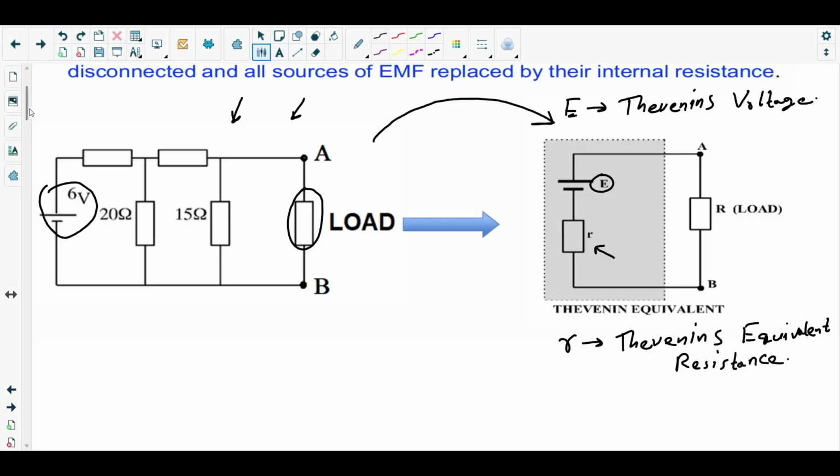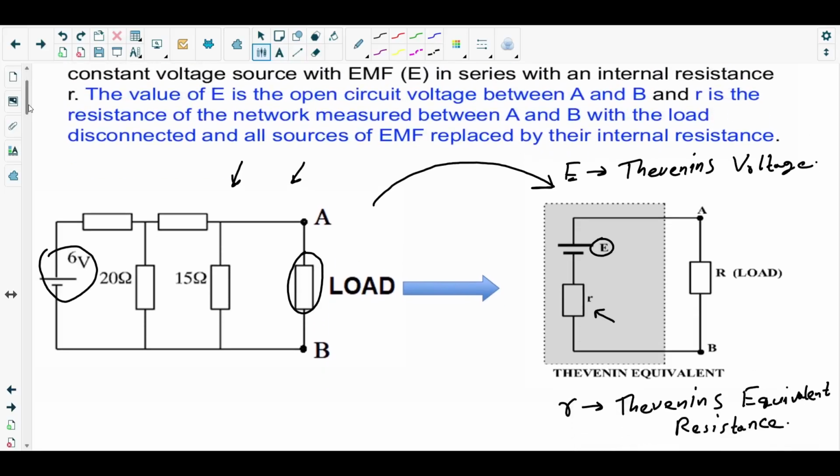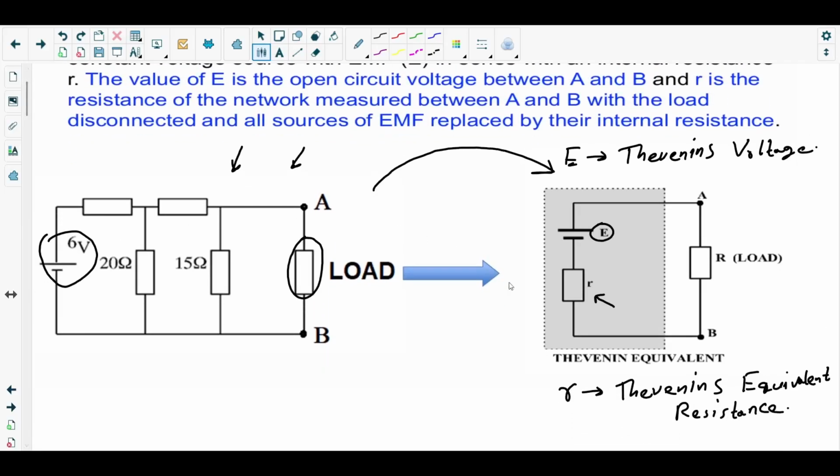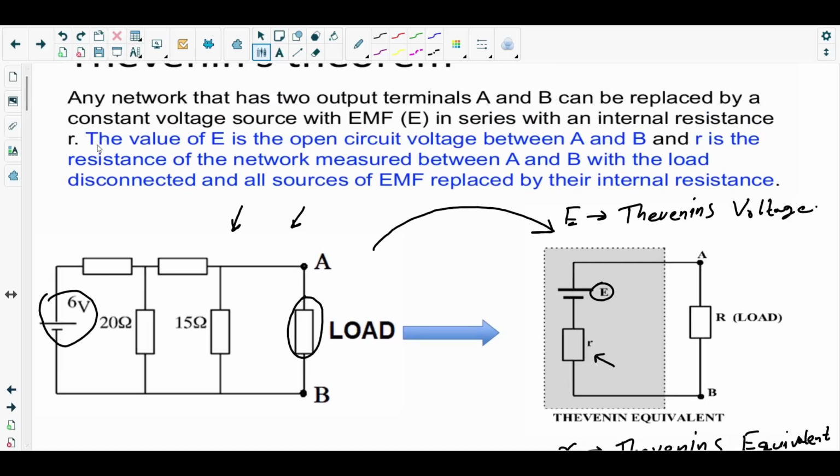Now how can we get the Thevenin's voltage and the Thevenin's equivalent resistance? If you see the next part of the theorem, you can get some idea.